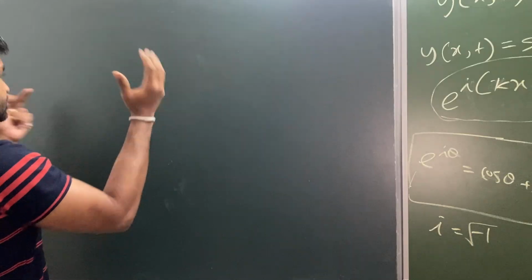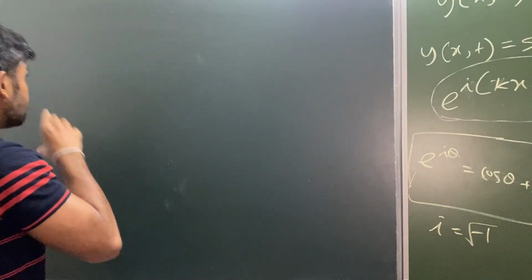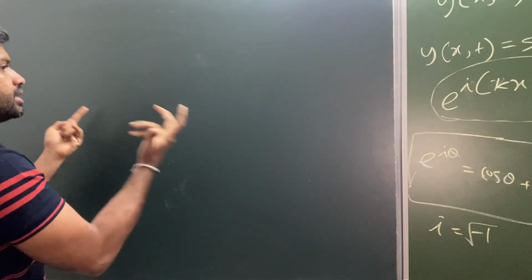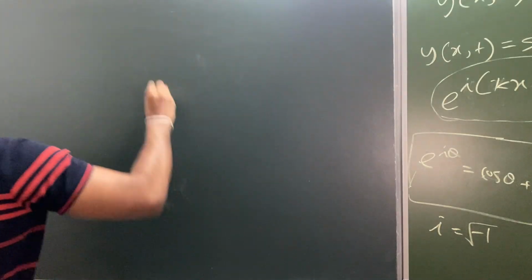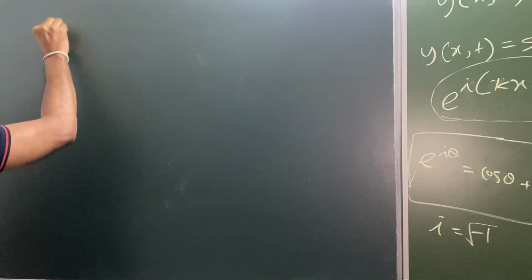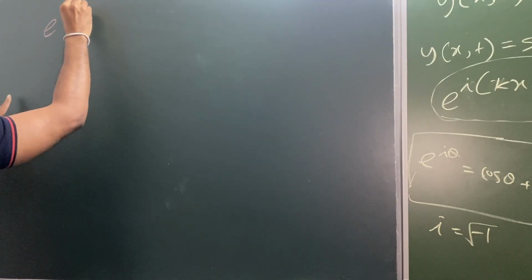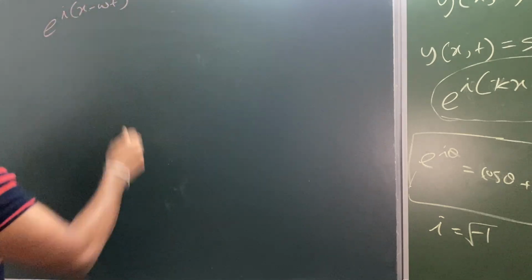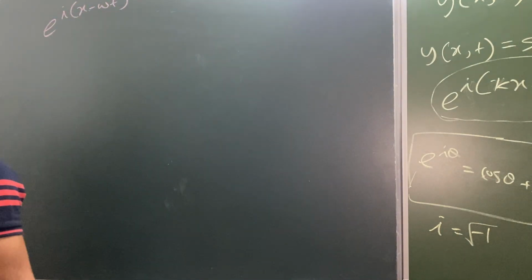But just for the sake of understanding these wave mechanics properly, I'm going to show you why we mostly prefer these exponential terms, x minus omega t. You can even write it as plus sometimes, depending on the context, right?